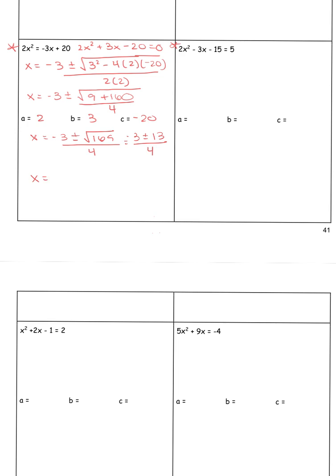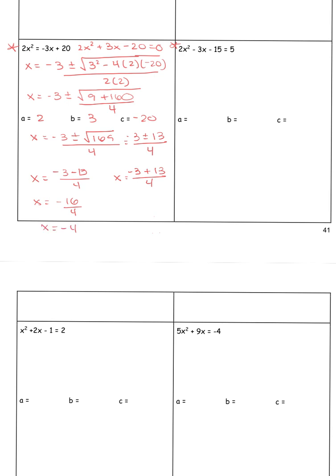So we have x is equal to -3 minus 13 over 4, and x is equal to -3 plus 13 divided by 4. So -3 minus 13 gives you -16 divided by 4, which gives us -4.